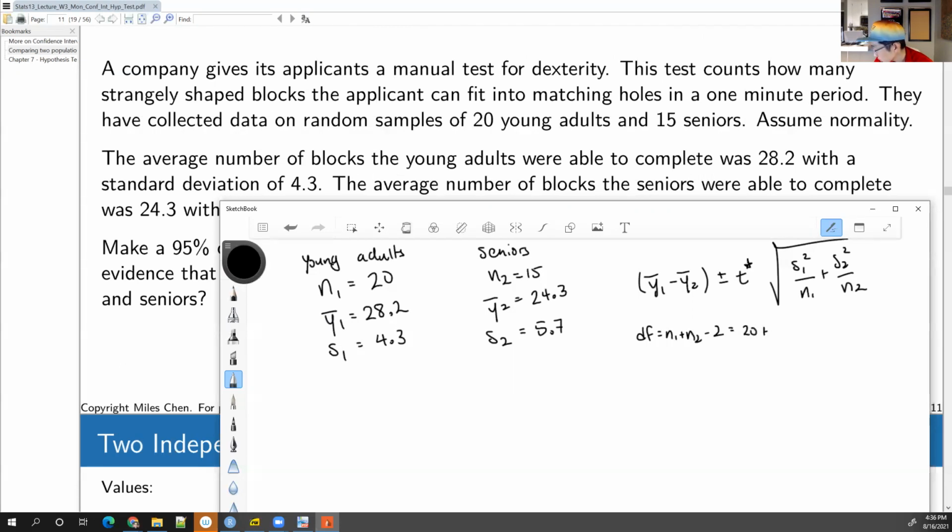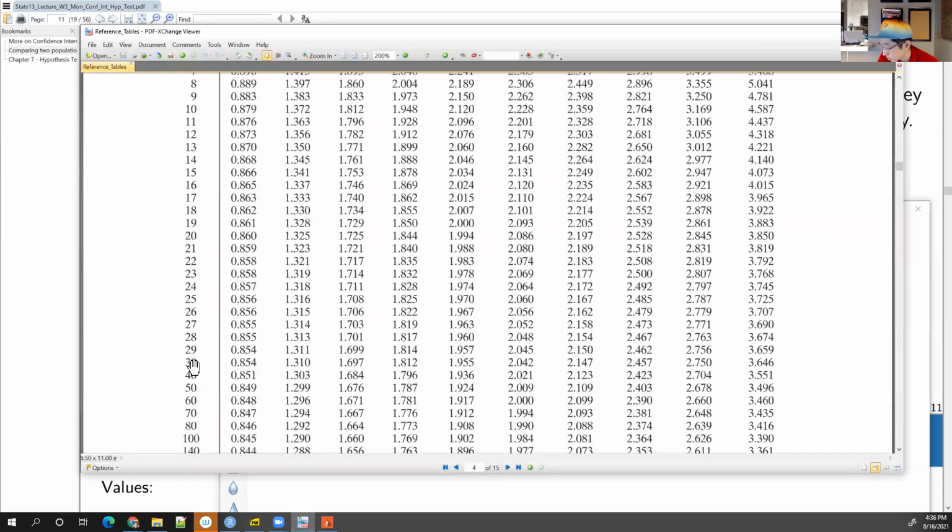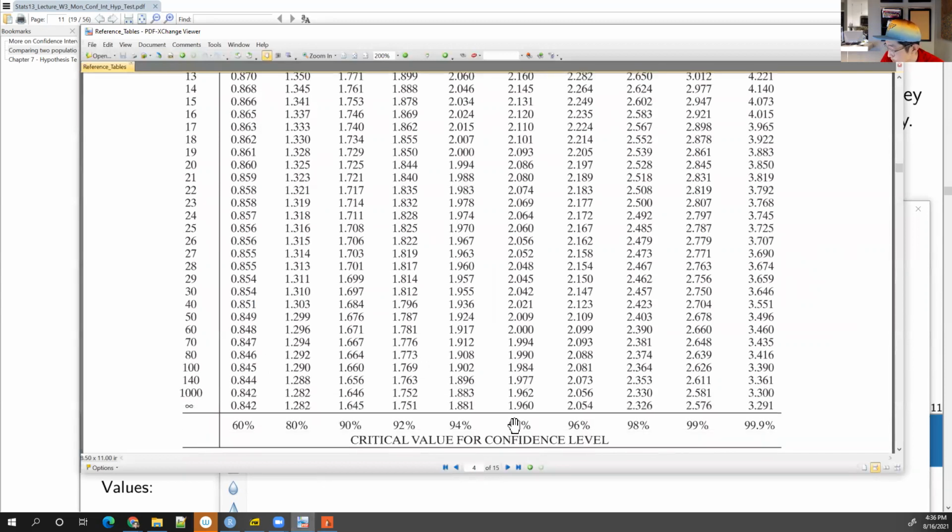I've got 20 plus 15 minus 2, so I have 33 degrees of freedom. We'll go to our T table. We don't find 33 degrees of freedom, but we'll round down and use 30 degrees of freedom. 95% confidence, 30 degrees of freedom.